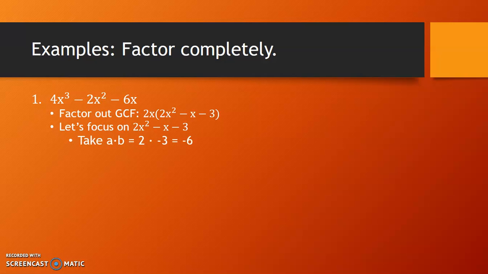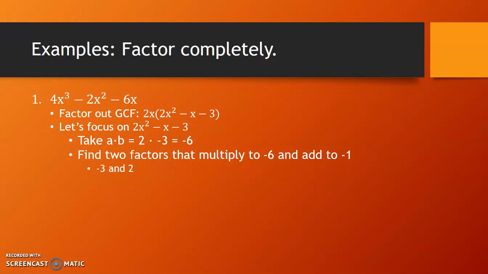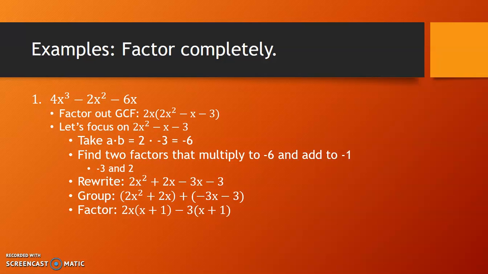There's a typo there. That should say a times c. So you should take 2 times negative 3, which is negative 6. Again, we're looking for two factors that multiply to negative 6, add to negative 1, which would be negative 3 and 2. Rewrite it. Group it, factor out that common factor, and then write the answer.